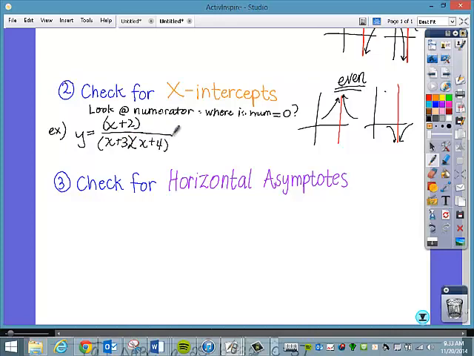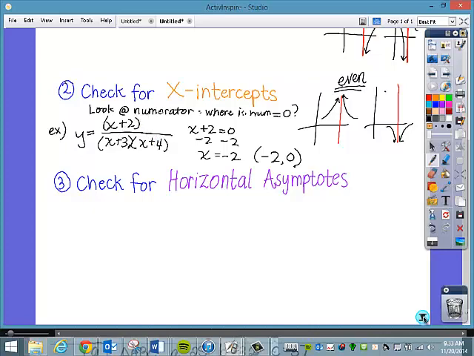We know that this has two vertical asymptotes at -3 and -4. But to check for where it has x-intercepts, you set your numerator equal to 0. So x plus 2 is equal to 0. Subtract 2, and so you have an x-intercept at -2, 0. So look for vertical asymptotes in your denominator. Look for x-intercepts in your numerator.